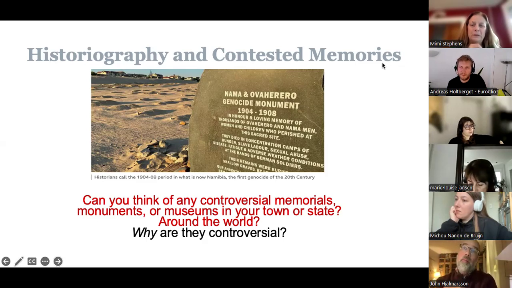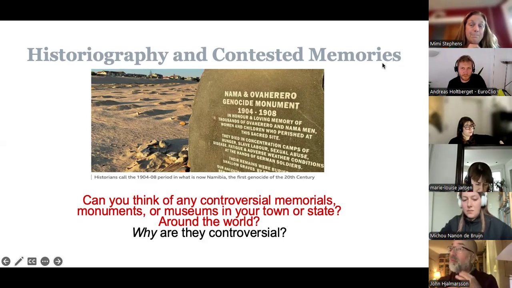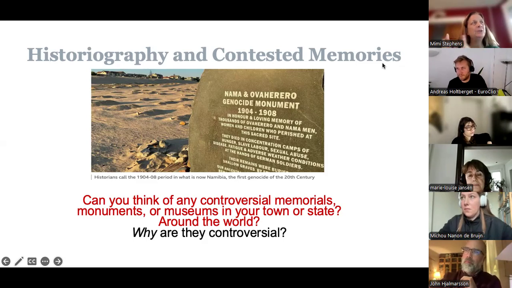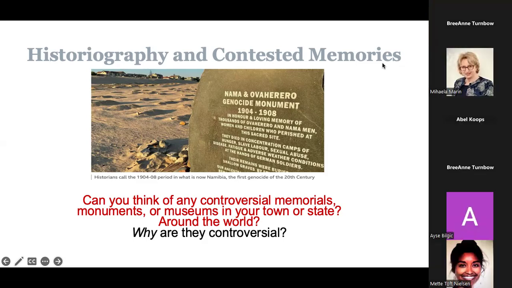So if we don't have contested monuments, you can always have a discussion: why isn't there a monument about this? What monuments are lacking? Excellent point. Absolutely. And I do think it's really important to start at home before we look elsewhere.